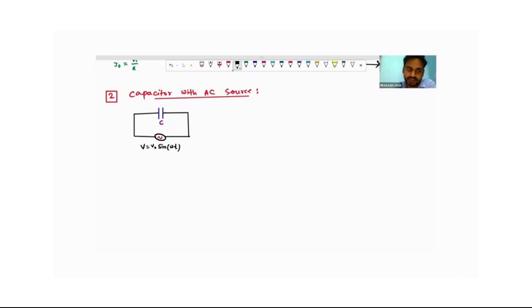What will we find now? We will find the current. See, here current will be passing through the capacitor.